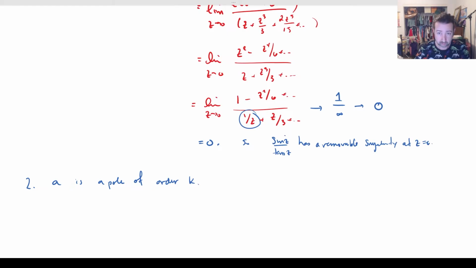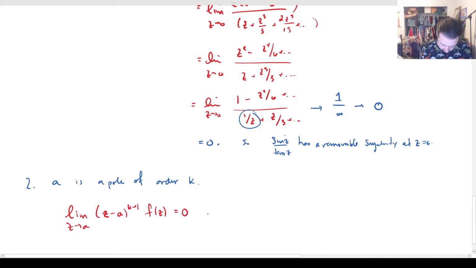So this happens precisely when the limit as z goes to a of z minus a to the k plus 1 times f of z is equal to 0, but the limit as z goes to a of z minus a to the k times f of z is not equal to 0.